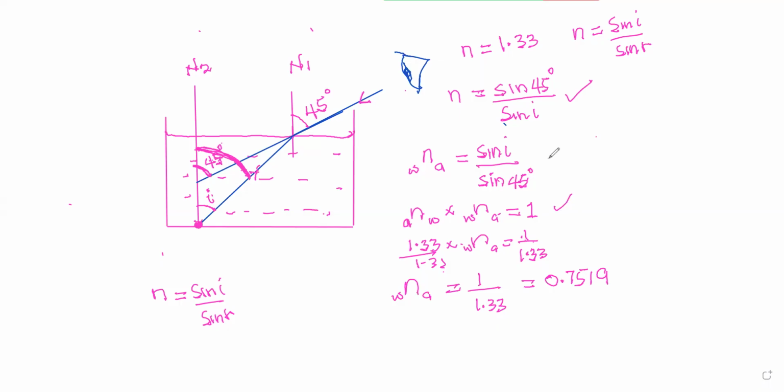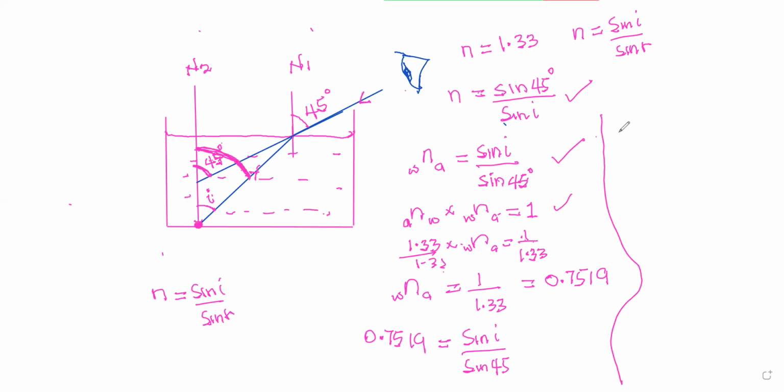So when we substitute it here, we are moving from water to air. We have 0.7519 equal to sine I over sine of 45. Sine 45 is root 2 on 2, which is 0.7071.